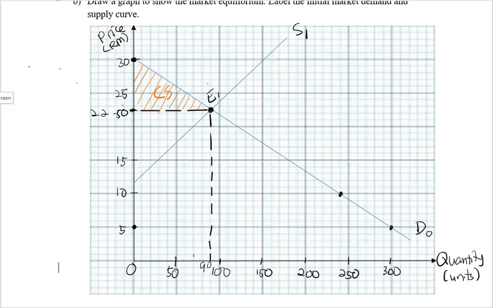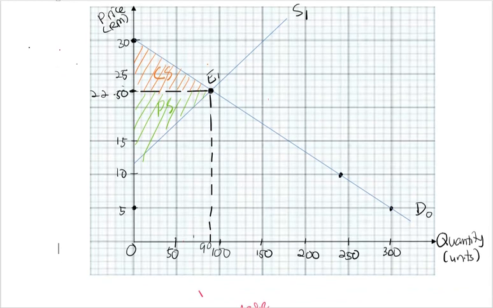And then the producer surplus is the area of triangle below the equilibrium price, above the supply. So when you want to find the area of a triangle, you have to use the formula for a triangle.